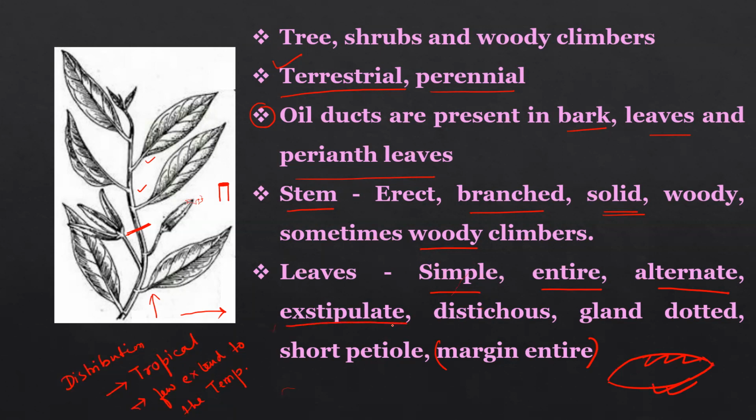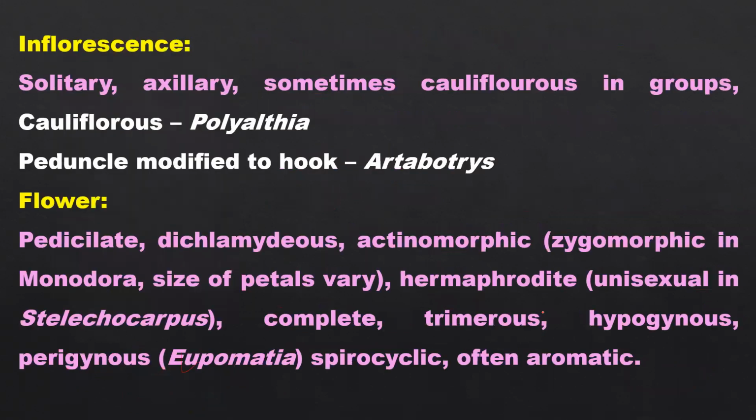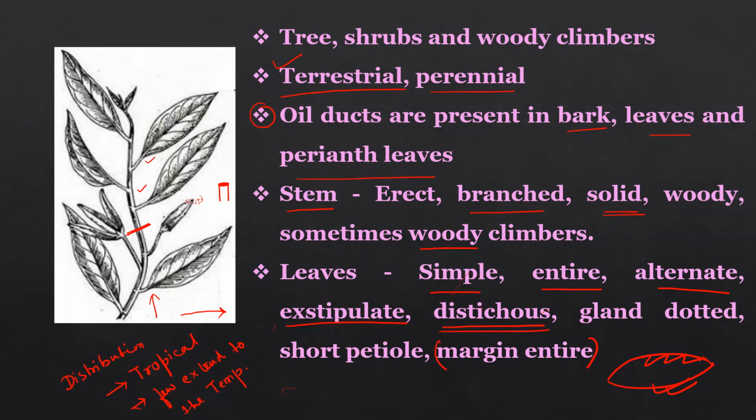Exstipulate. What does this mean? There is no stipule. Exstipulate means what? There is no stipule. Distichous. What is this? In distichous leaf arrangement, what do you get to see? In distichous leaf arrangement, the leaves on a stem are arranged in two vertical columns.